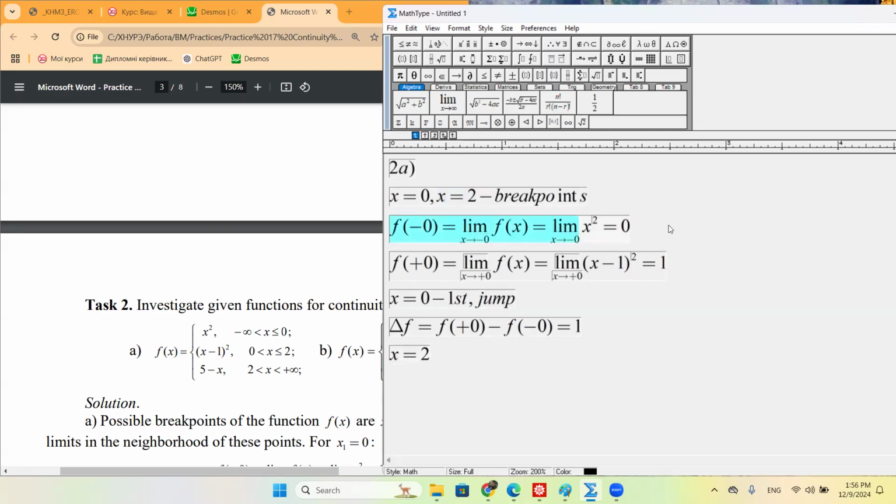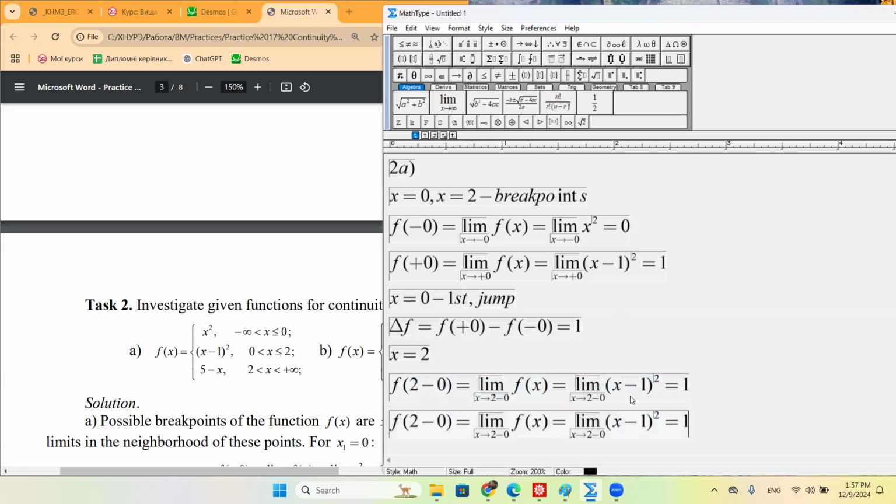So f at 2 minus 0. Which expression do we use? (x minus 1) to the power of 2. Yes, so this expression is used here, and it equals 1 for 2 minus 0.